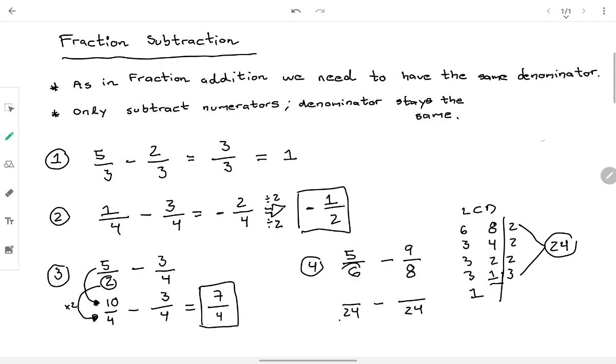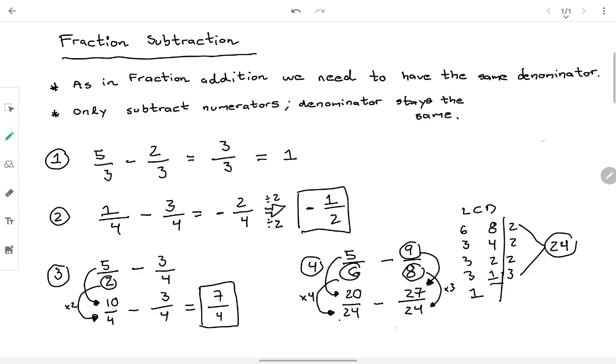So in this case, 6 times 4 is 24. So 5 times 4 is 20. 8 times 3 is 24. So 9 times 3 is 27. So in this case, the one that is bigger is the negative one, minus 27.